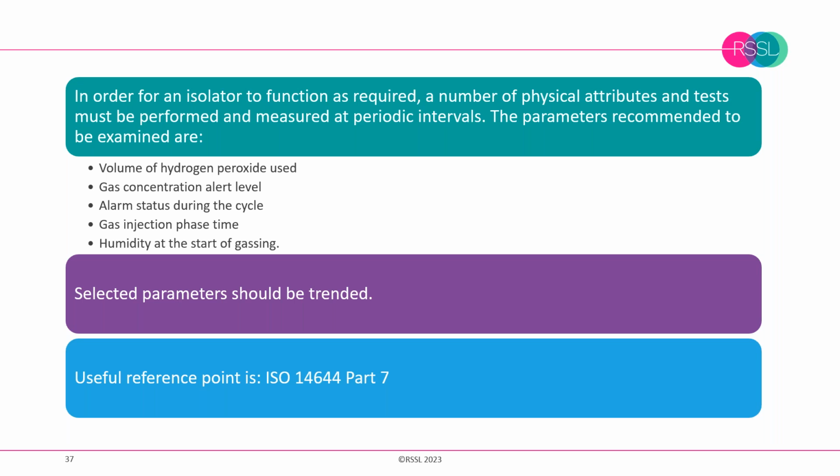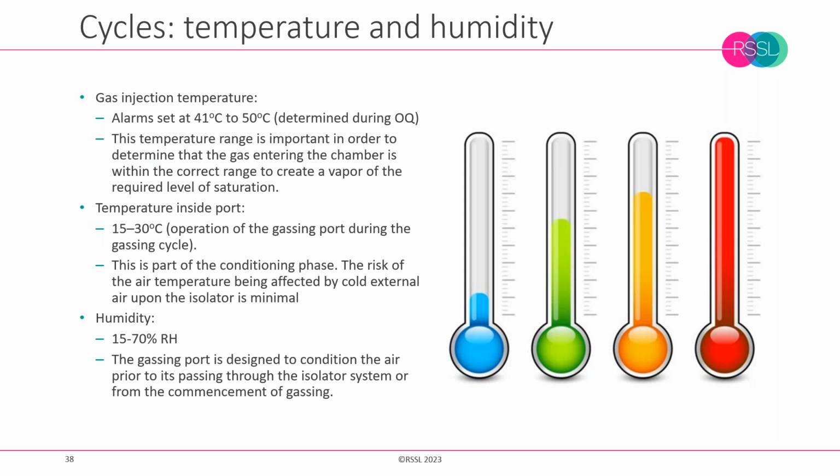So it's really useful to trend things like the volume of hydrogen peroxide used, the gas concentration, the alarm statuses during the cycle, the gas injection phase time, the humidity at the start of gassing, and trending those and looking for any drops in those can relatively early give us an idea of an isolator that isn't necessarily functioning correctly. So this is with an illustrative example.